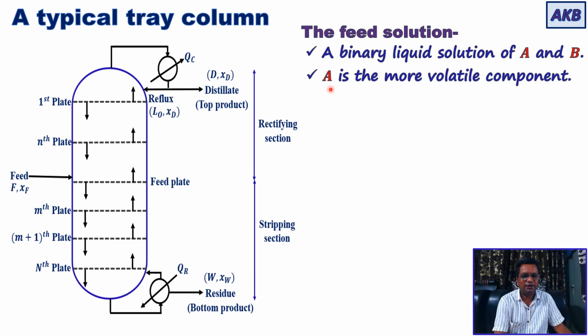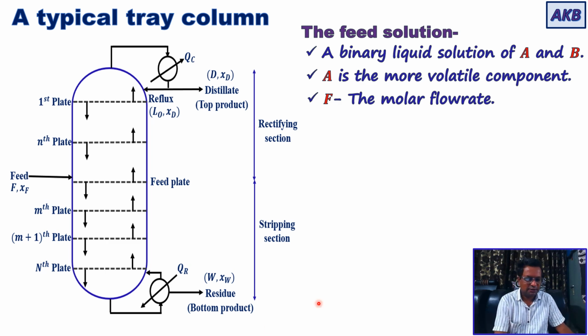That is, A has a lower boiling point and higher vapor pressure if you compare that with B. Then F represents the molar flow rate of feed, which will be, for example, kilomole per hour, or it could be kilomole per second. So it is molar flow rate.